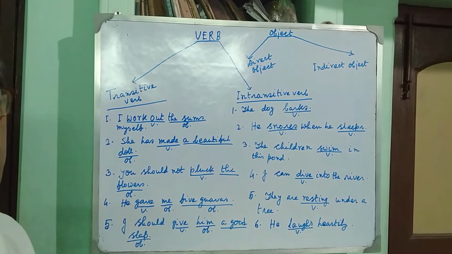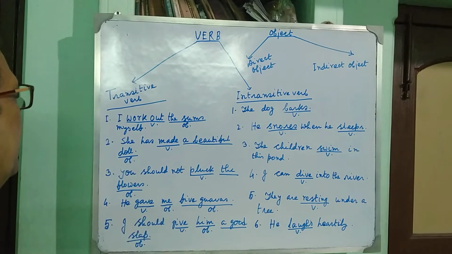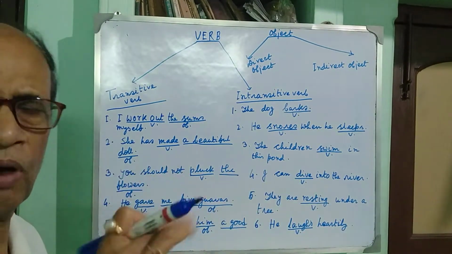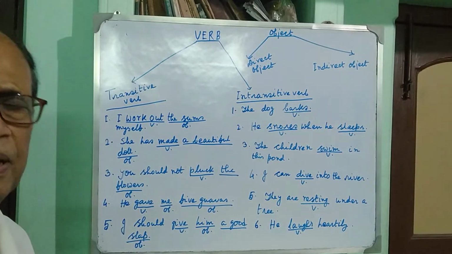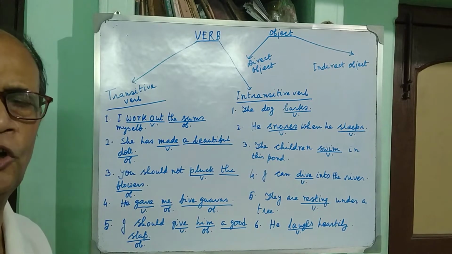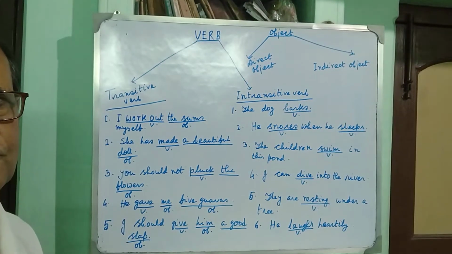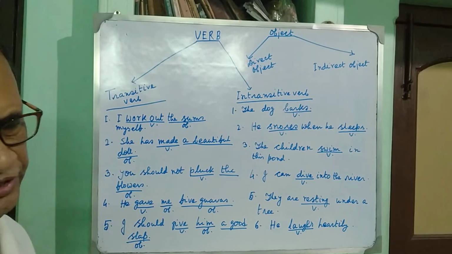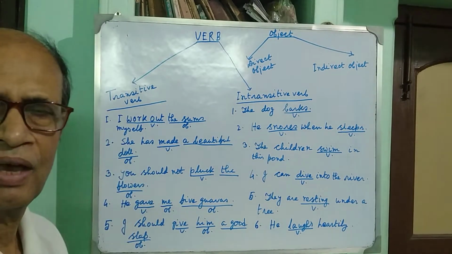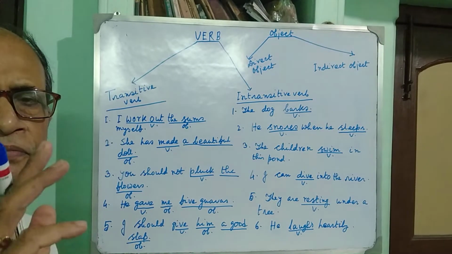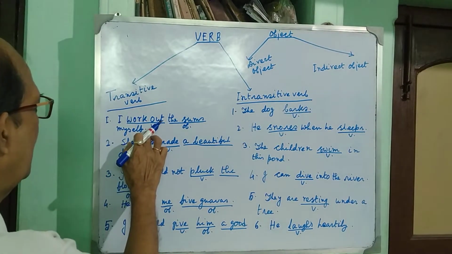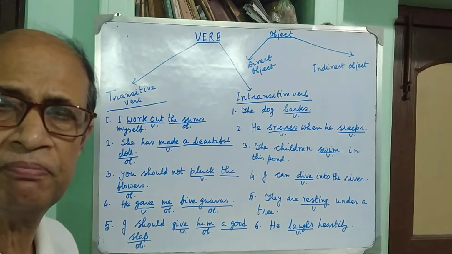Just ask the finite verb by what. What do I work out? It simply answers the sums. So, the sums is an object, and the verb work out has definitely the object, the sums. So, it is an example of transitive verb.